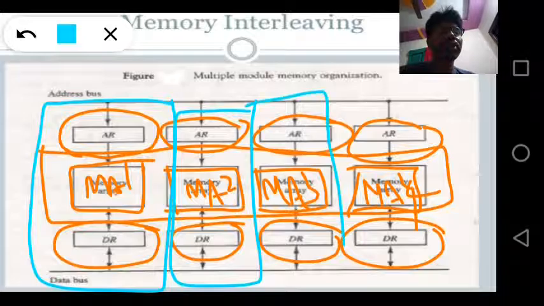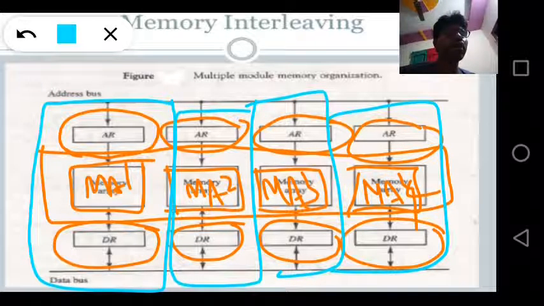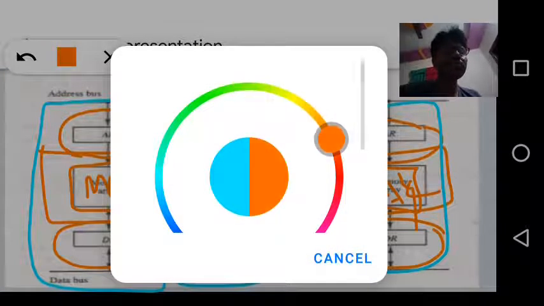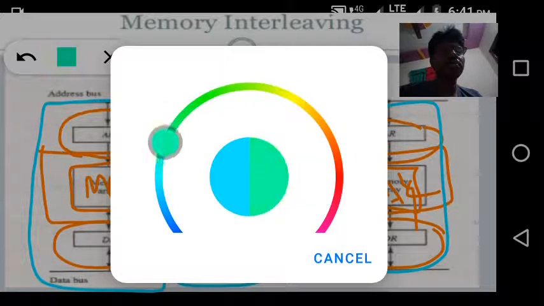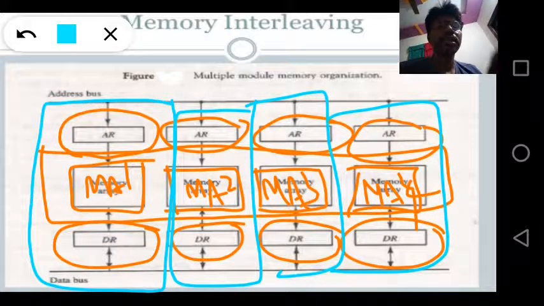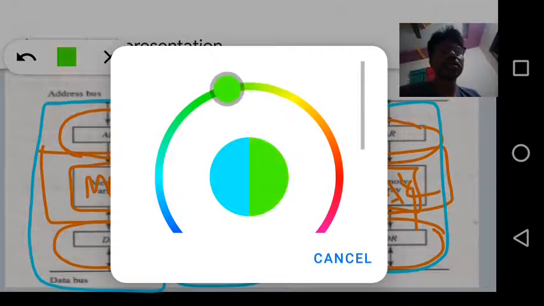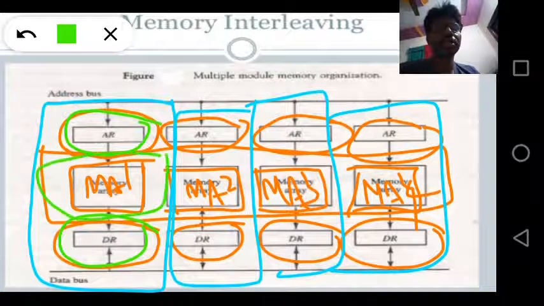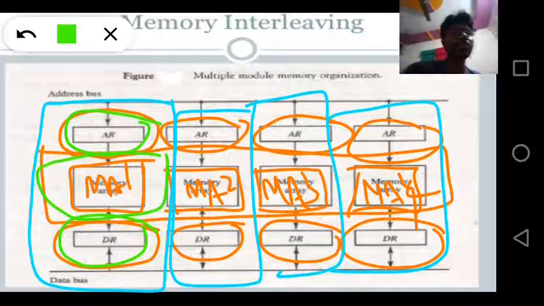So now it's like we have four main memory components within a single computer. Because if you observe, each memory element has its own address register, data register, and memory. So it is called one main memory component.